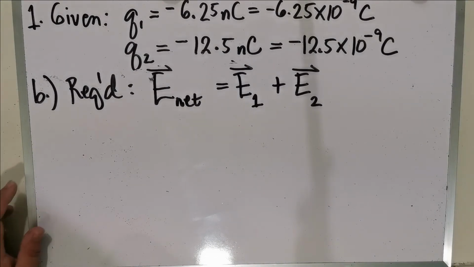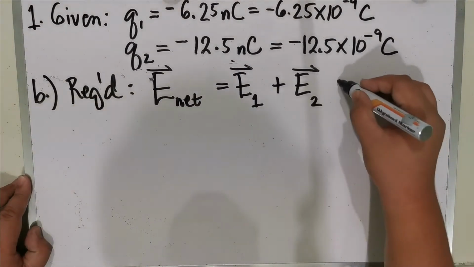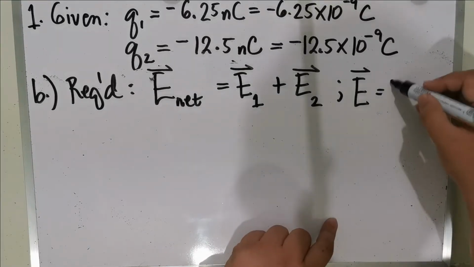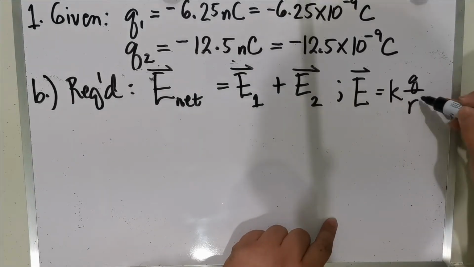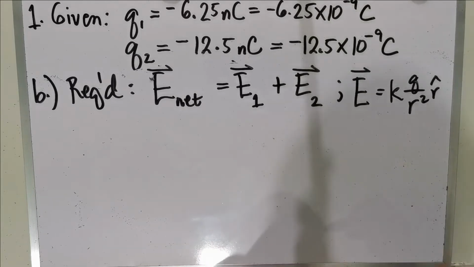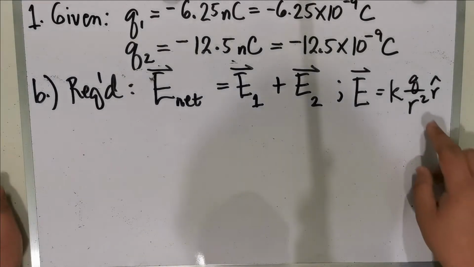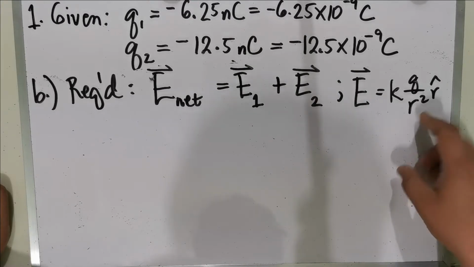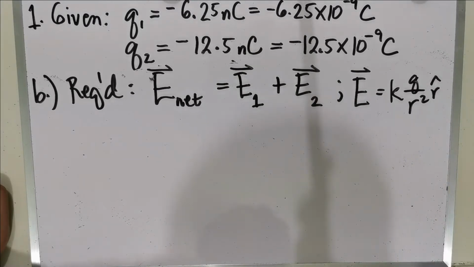And for this one, the equation for the electric field is given by E equal to K times Q over R squared R hat. Where R is the distance from the source point to the field point. The source point is the location of the charge, while the field point is the location where you measure the electric field.